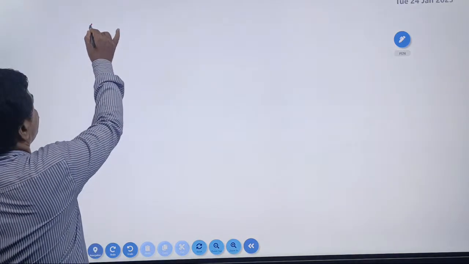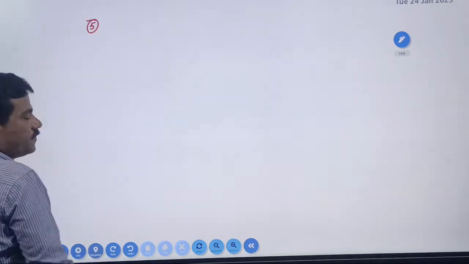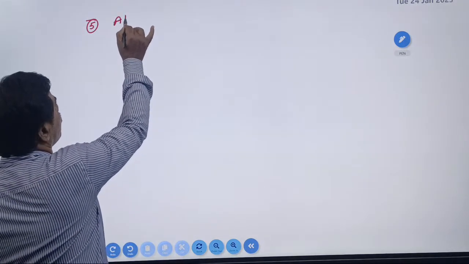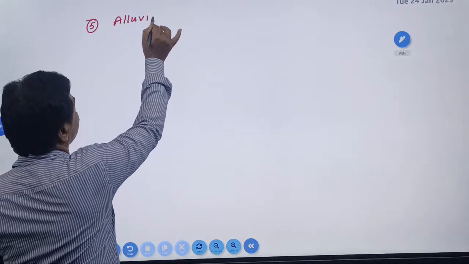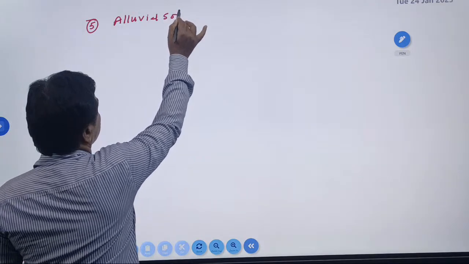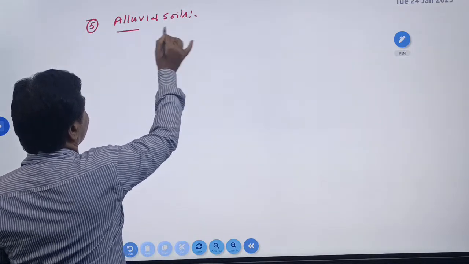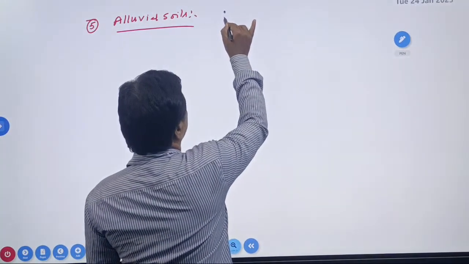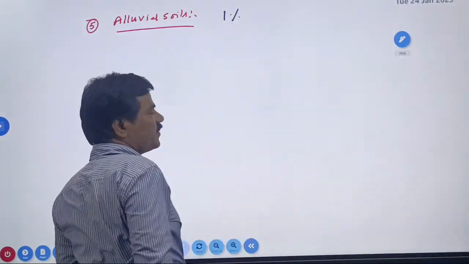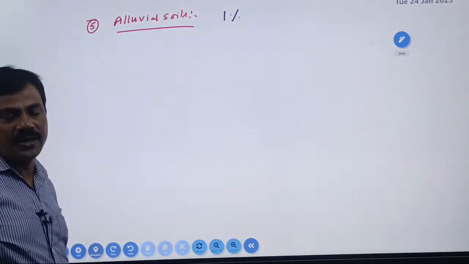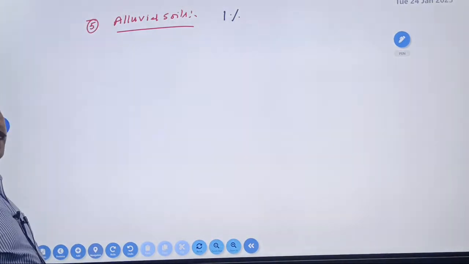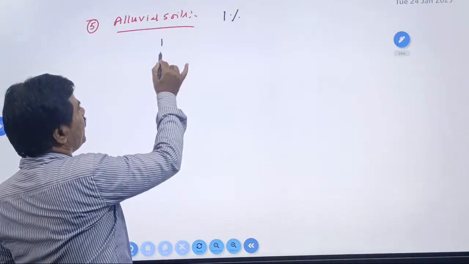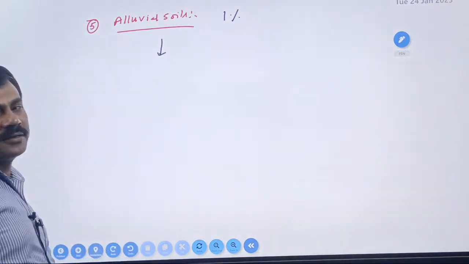Next, fifth one, alluvial soils. This type of soil occupies only 1% of the total Telangana soil. Alluvial soil is very little in Telangana.